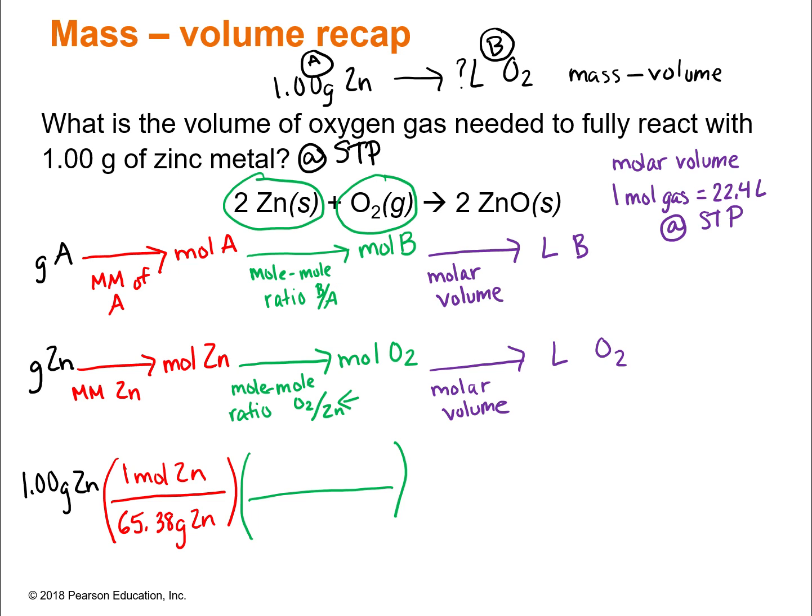So that's what we're trying to find over what we know. Our B in this case is oxygen gas. The A is the zinc. So since you know that, you can go to the chemical equation and say how many moles of oxygen gas are there. So tell me, how many moles of oxygen gas are in the chemical equation?